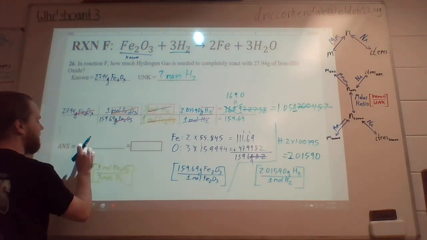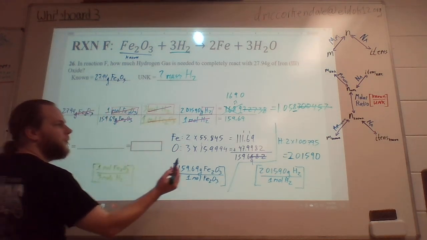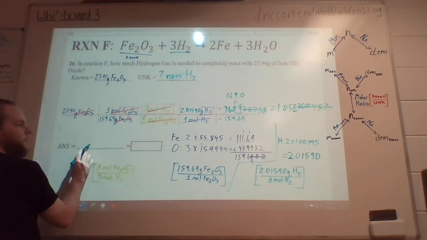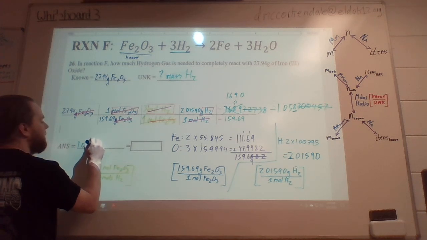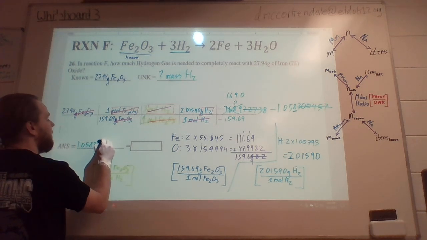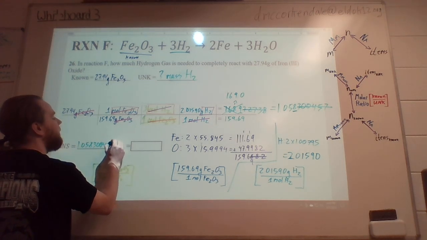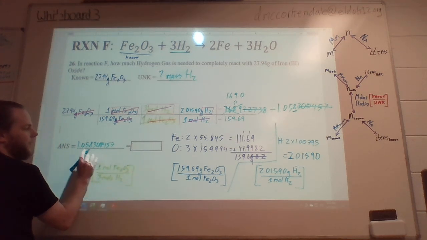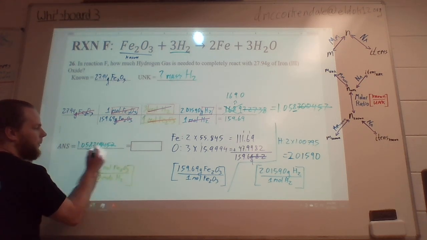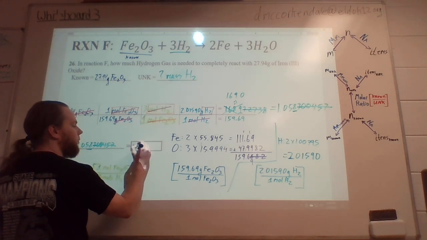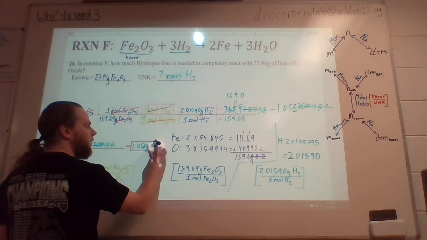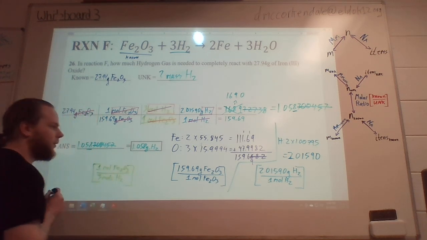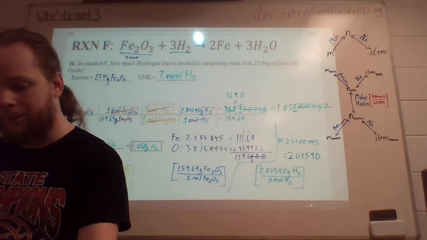Oh, I usually write that down here. That's right. Okay, so this number I should have written here. So I'll go ahead and do that. 1.058300457. And then we round it to 8, drop the rest of that, and so we get 1.058 grams of H2 as our final answer.